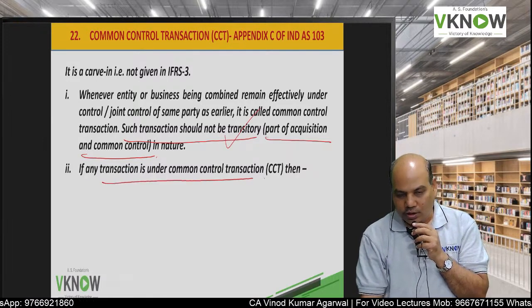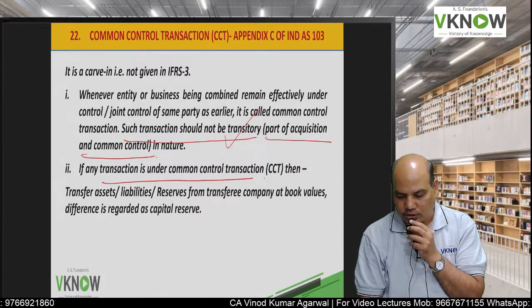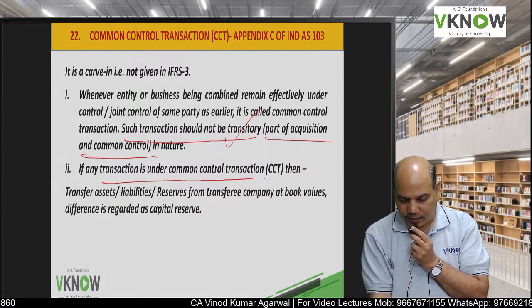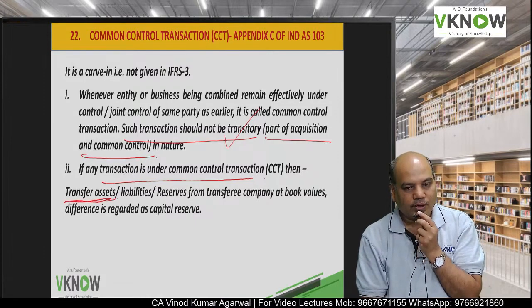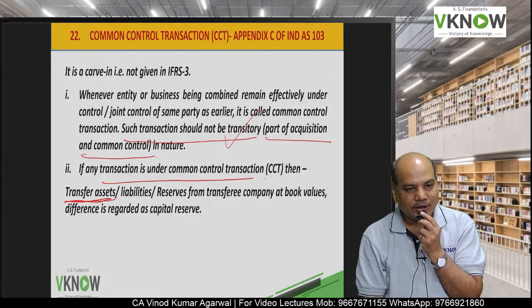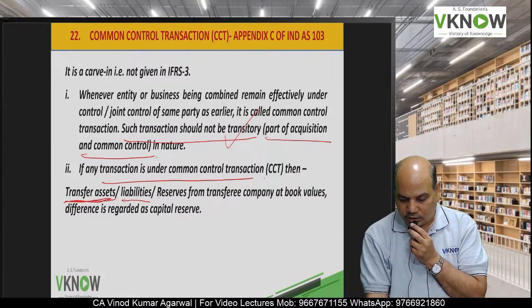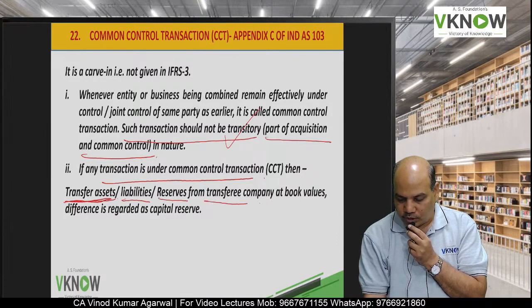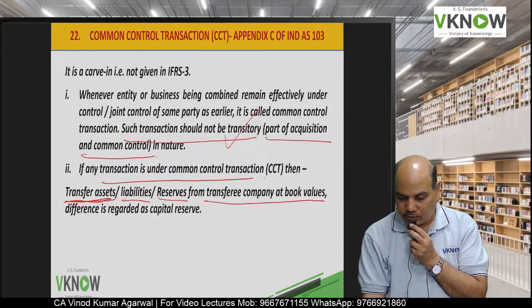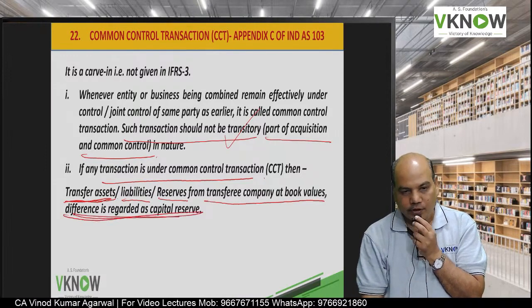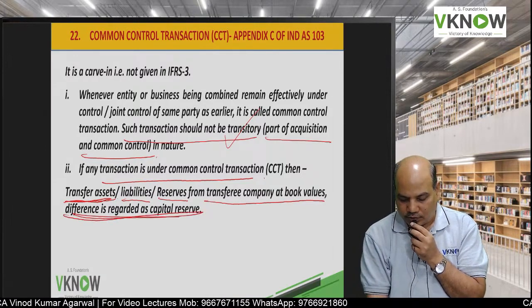Suppose a transaction comes under a common control transaction. What about the accounting entries? Very important. This is similar to amalgamation in the nature of merger in your intermediate AS 14. Assets, liabilities and reserves from the transferor company will be transferred at book value and the difference will be recorded in capital reserve.